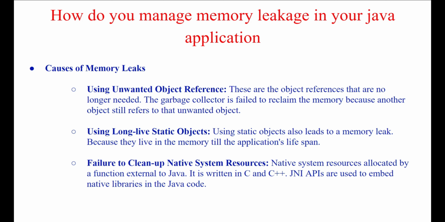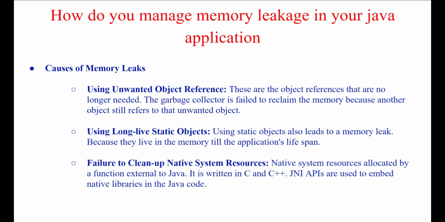Garbage collector fails to reclaim the memory from them, since you are still referring to the unwanted objects, and hence it will cause the memory leak. So it is your task to remove the references once you are done with your object, so that the garbage collector has the indication that yes, this is not useful.